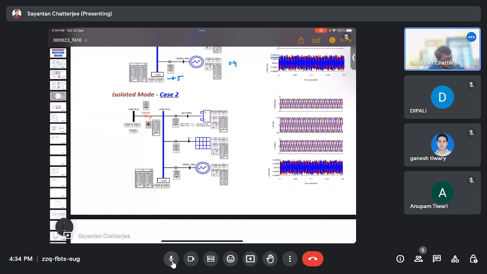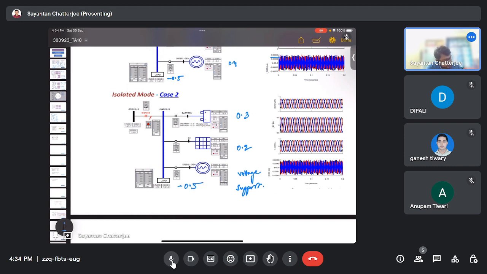Now in case 2, the battery is in discharging mode, so it is delivering power. PV is operating at 0.2, and diesel is giving voltage support. The load is consuming 0.5.